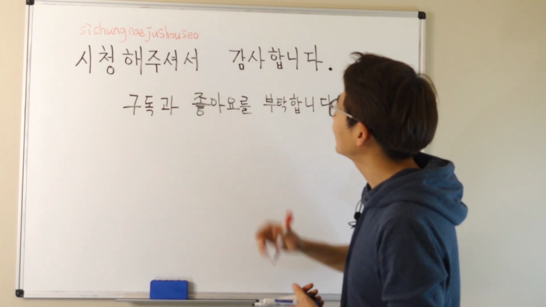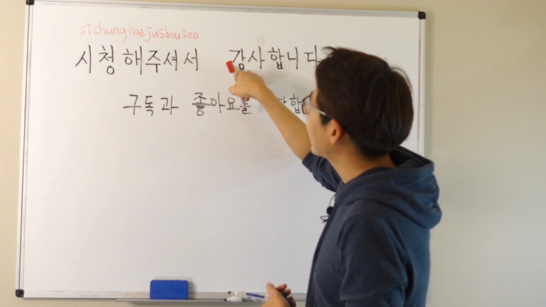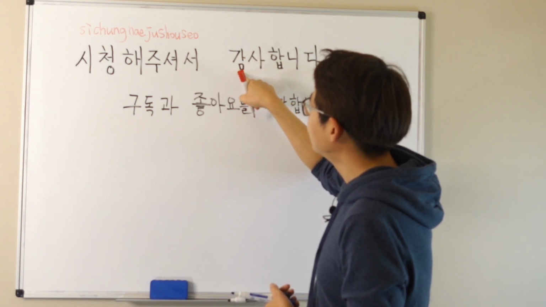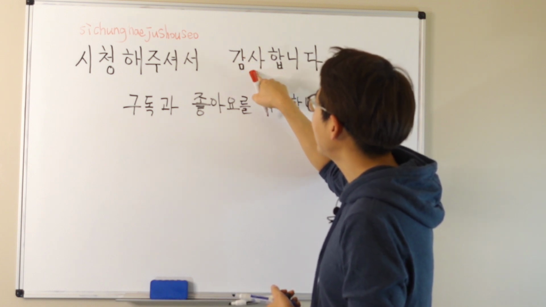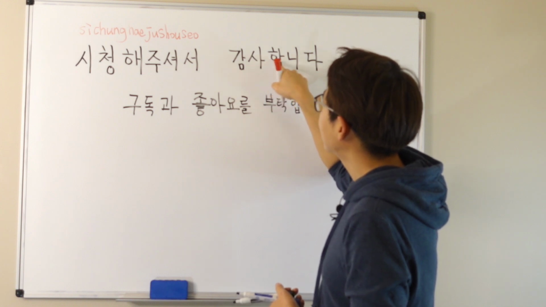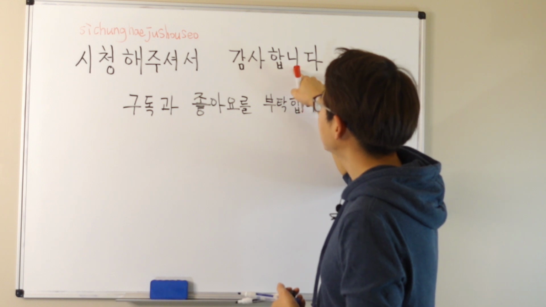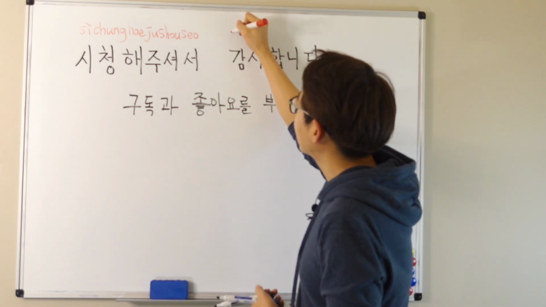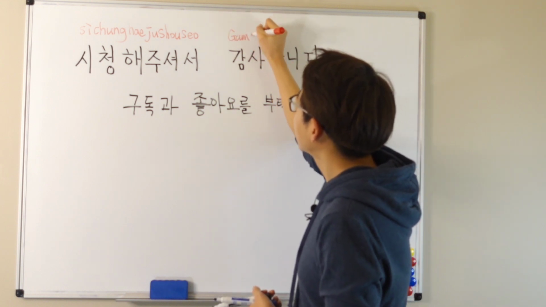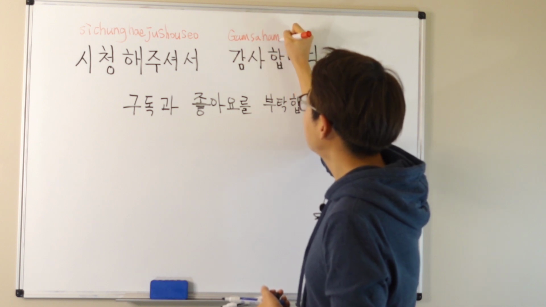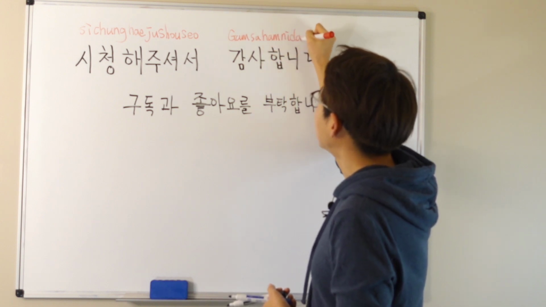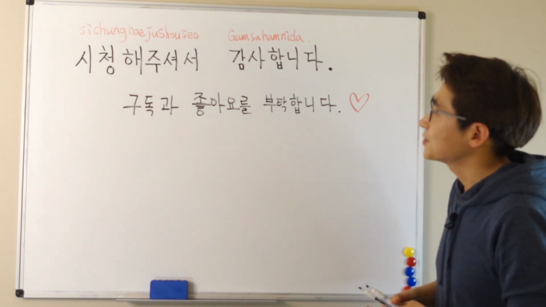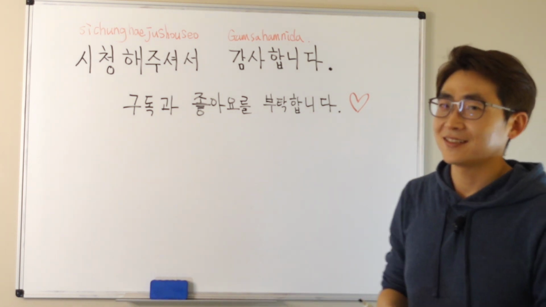And then we have 기역, 가, 감, 사, and 히읗, 아, 브, 함, 니, 다, and 감, 사, 함, 니, 다. So 시청해 주셔서 감사합니다.